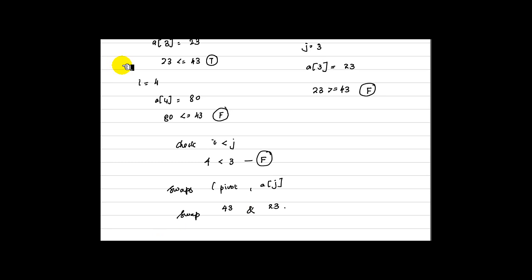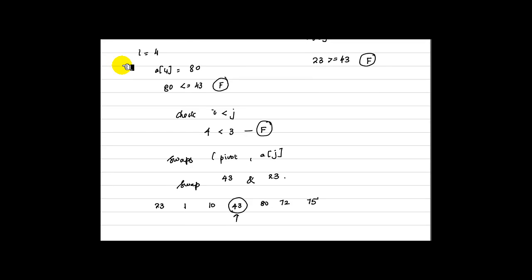Hence we have 23, 1, 10, 43, 80, 72 and 75. Now this pivot element is in the correct position, because the numbers after this are greater than 43 and the numbers below this are less than 43. So this is our left partition and this is our right partition.